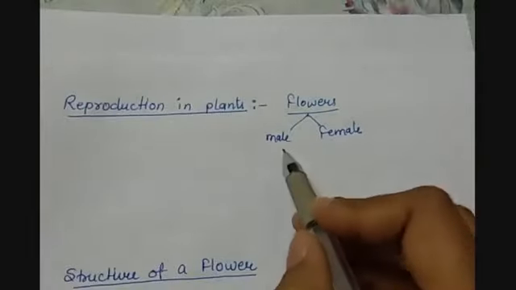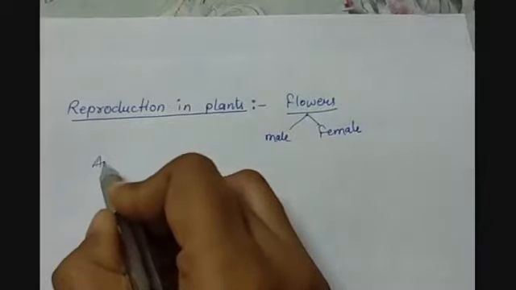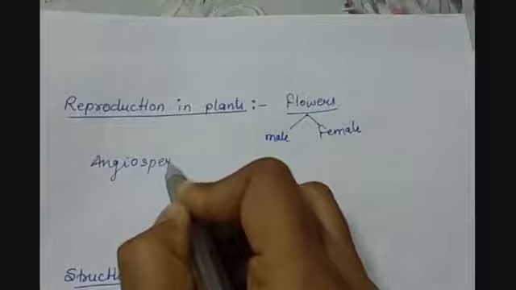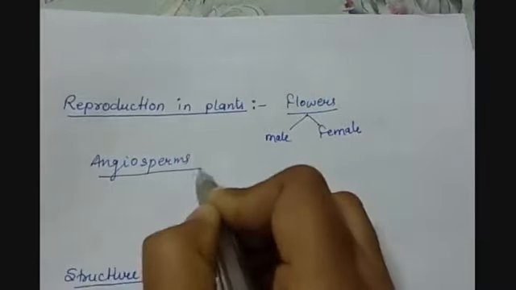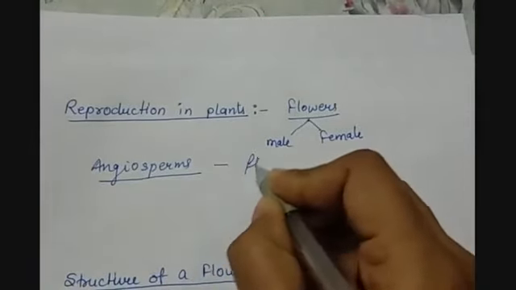And when these reproductive organs of the plant are present in the flowers of the plant, then these plants are called angiosperms. So angiosperm is a term used for flowering plants.